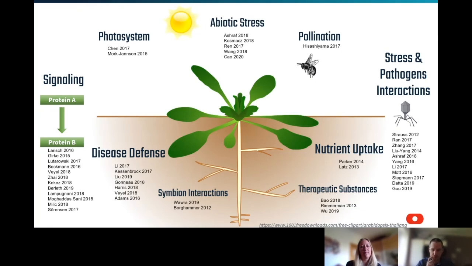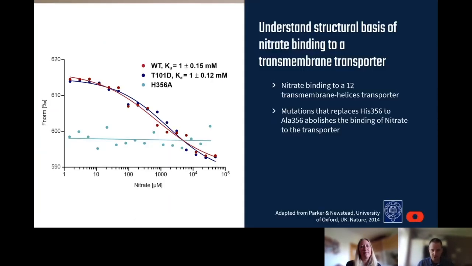This is a very nice one where a huge transmembrane transporter, which is responsible for the nitrate uptake in plants, has been analyzed. And what they did was that they inserted various point mutations, and they could analyze the impact of those mutations on the nutrient transportation.